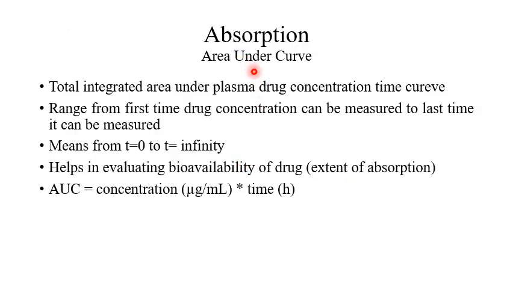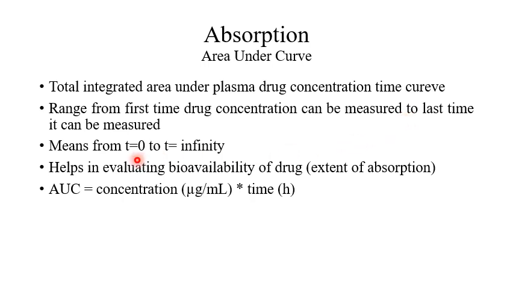Now let us discuss the second determinant of absorption, and it is area under curve. First of all, let us define what is area under curve. It is defined as the total integrated area under the plasma drug concentration time curve from the first time drug concentration can be measured to the last time.